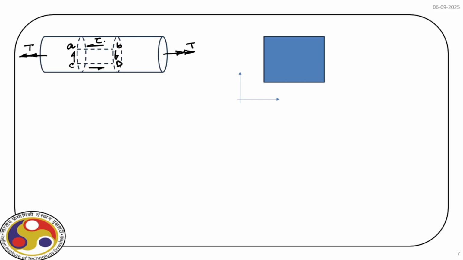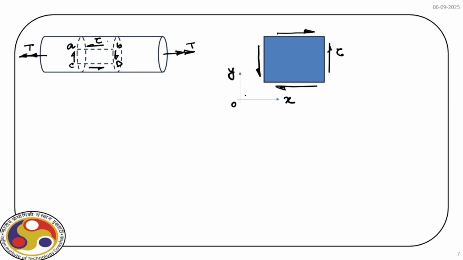This is the value of the shear stress. That means if we draw the free body diagram of ABCD, what we have is a case of pure shear, right?